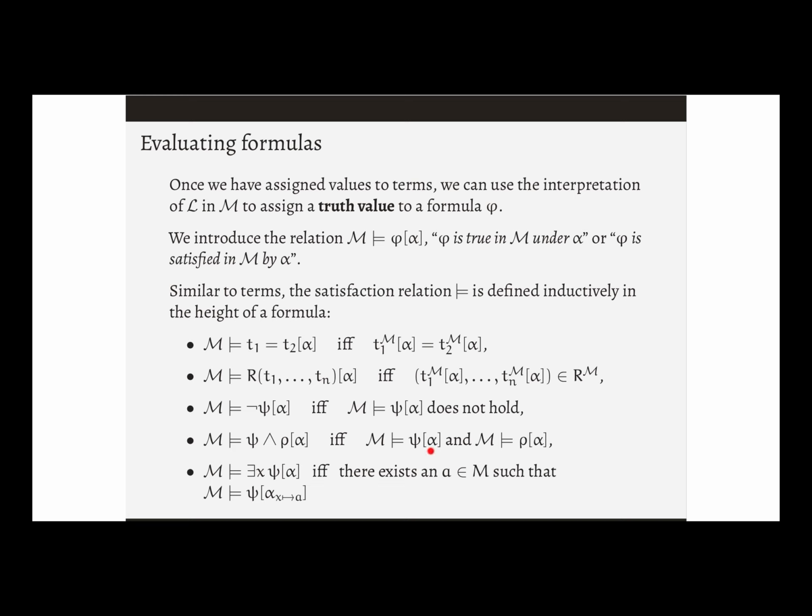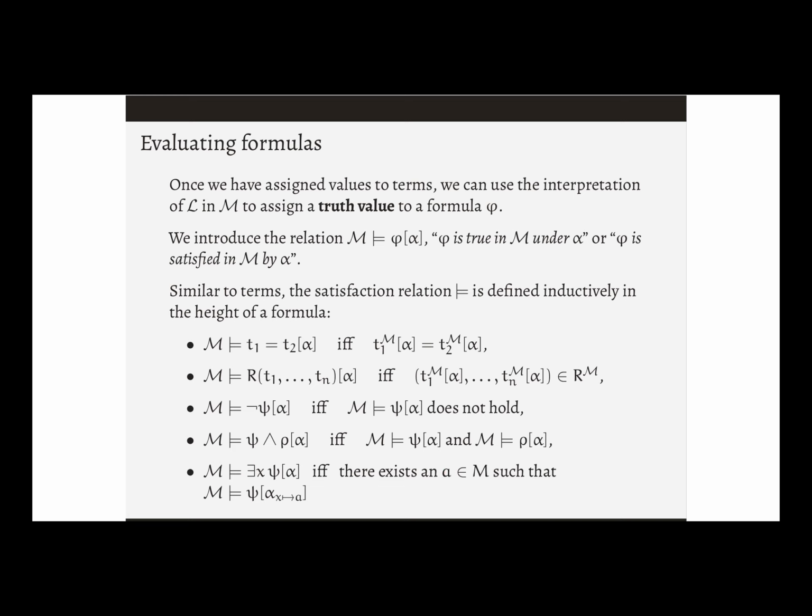Conjunctions hold if each of the parts hold. And finally, the existential quantifier. Existential quantification of a formula psi holds, or is true in M, if and only if there actually exists a witness that makes this existential quantifier true.